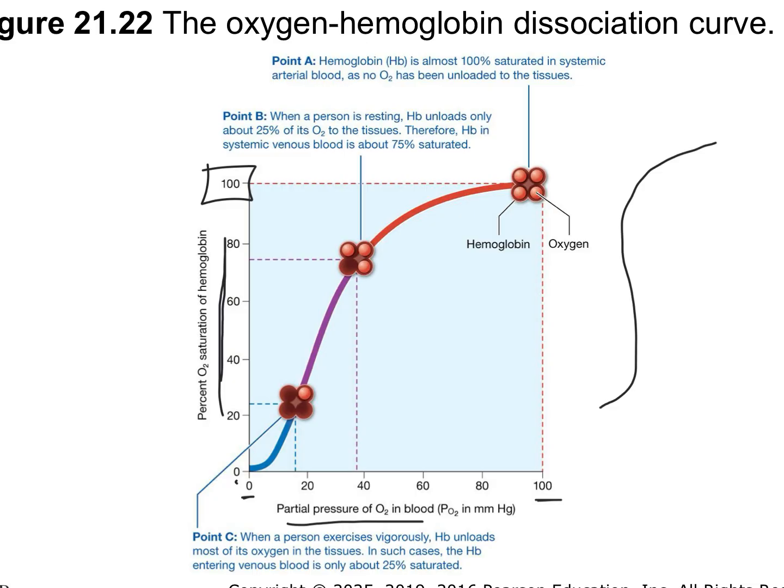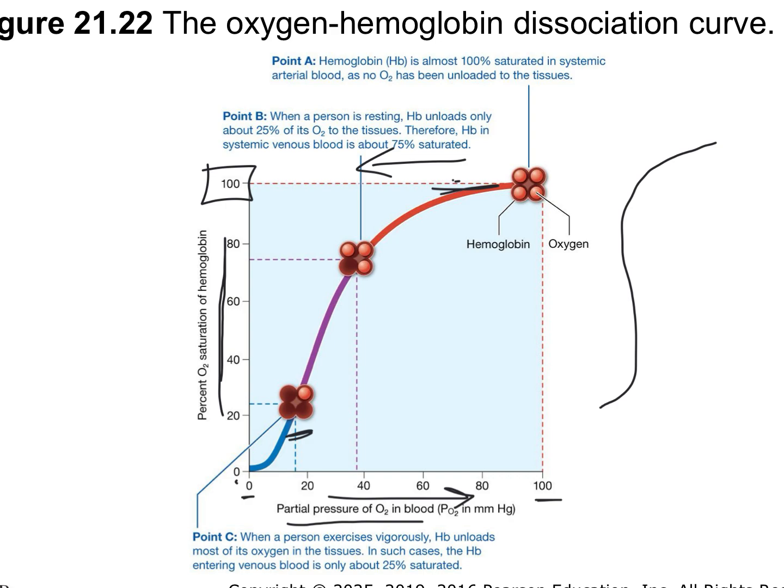As we increase the partial pressure, we see an increase in the percent saturation. So the higher the partial pressure of oxygen, the higher the saturation. And if we go in the opposite direction, as we lower partial pressure of oxygen, we see lower saturation of the hemoglobin with oxygen.